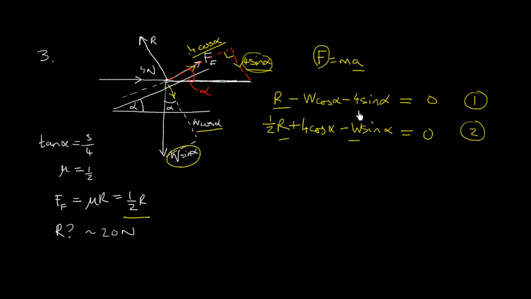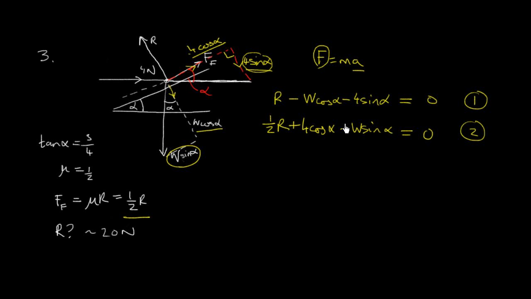So that's perfect, that's all we need, and now it's all to do with our mathematical ability of how to solve these things. I suggest that you do it in such a way that you end up with sine alpha over cos alpha, right? Because we know that sine alpha over cos alpha is tan alpha.